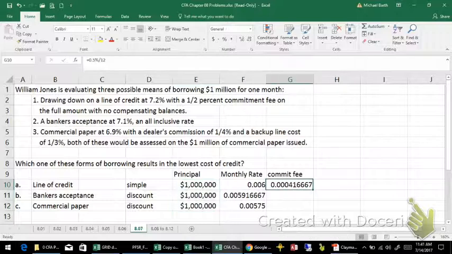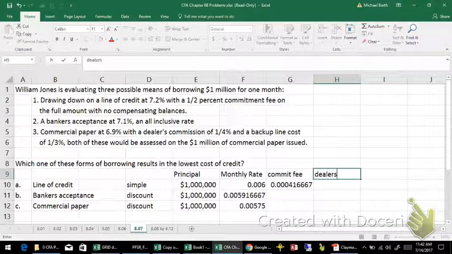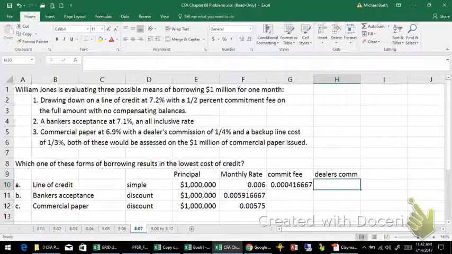The banker's acceptance doesn't have a commitment fee. The 7.1% is an all-inclusive rate, which means they build all these other things into the interest rate, which is why it's higher. For the commercial paper, there's a dealer's commission. Somebody's got to go out there and sell this stuff.